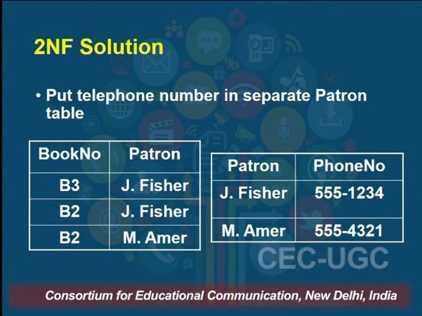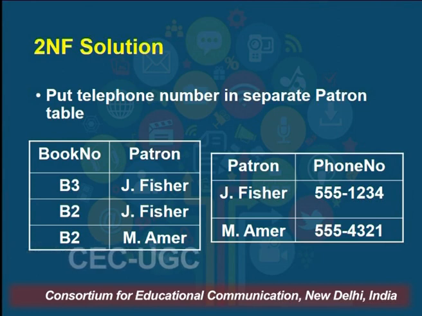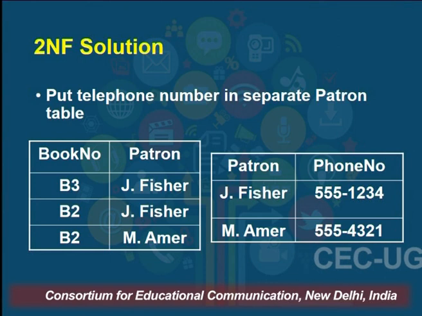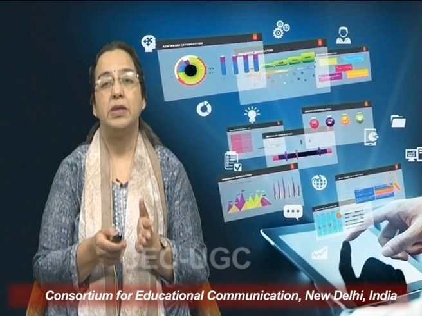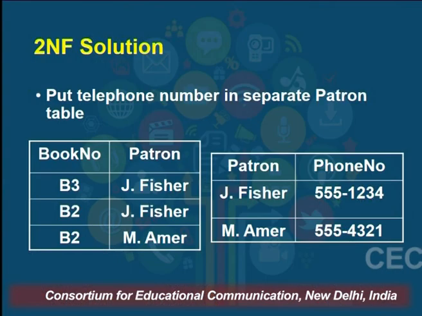Now, please see that the phone number is not being repeated, because we have separated it and we have ensured that no non-prime attribute is dependent on any proper subset of the candidate key. That is what we have ensured by splitting this into two.